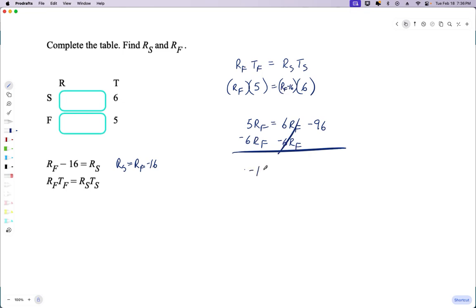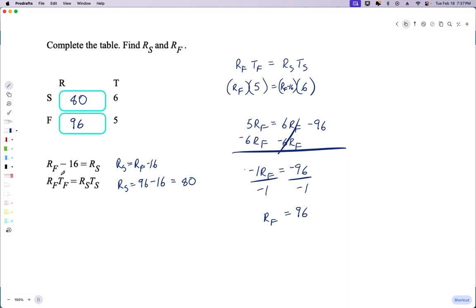So this is a negative 1 RF is equal to negative 96. So if I divide both sides by negative 1, RF is equal to a positive 96. So if RF is 96, RS is equal to 96 minus 16, which would equal 80.